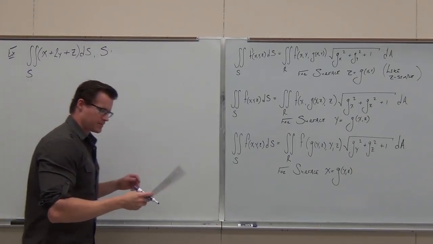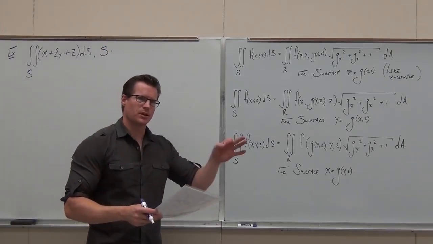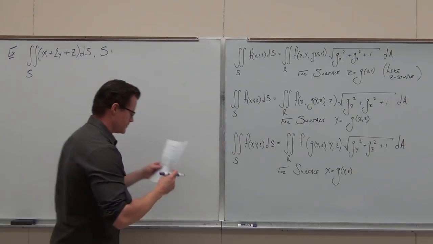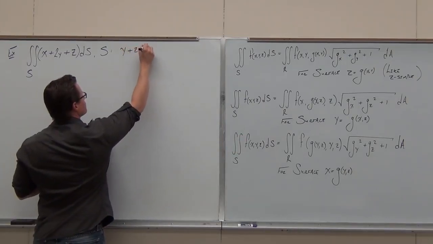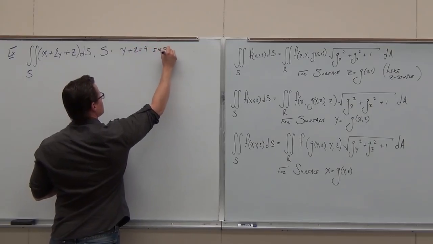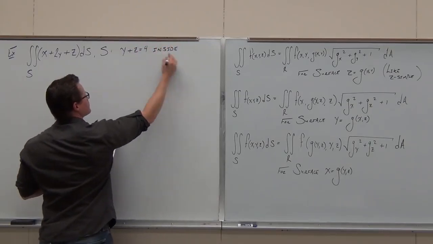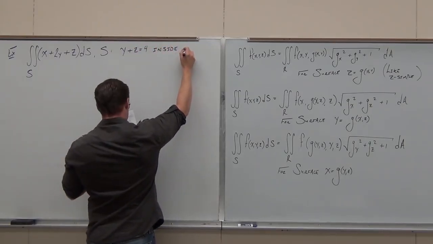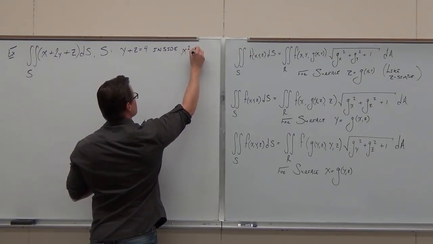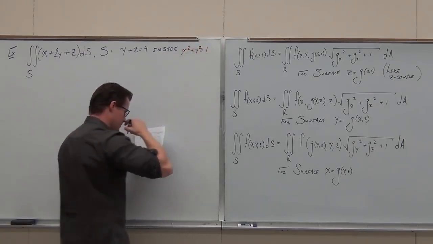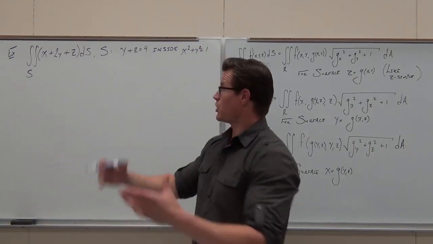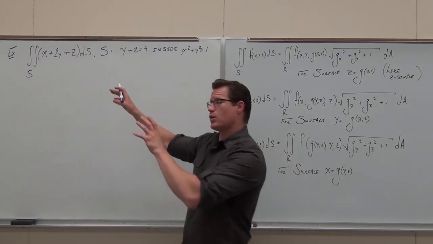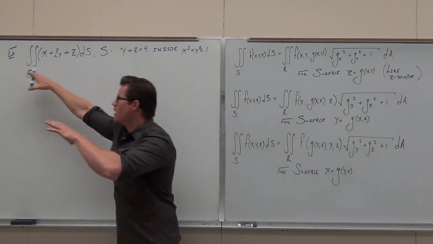So S is a plane inside a cylinder. Okay, so we got this double integral, but it's no longer over flat regions, over a surface region.